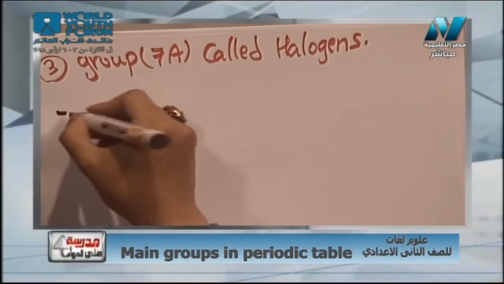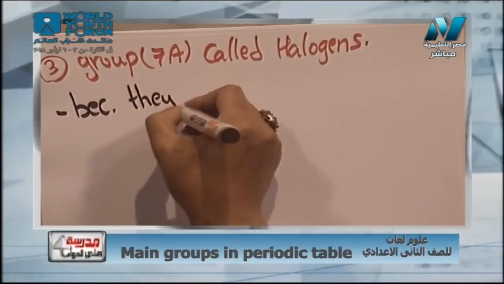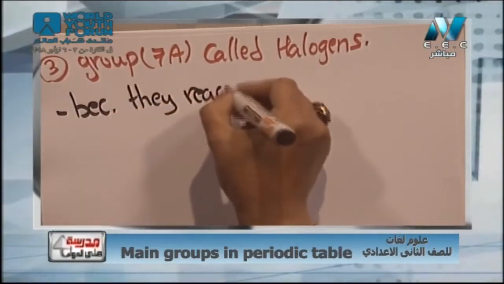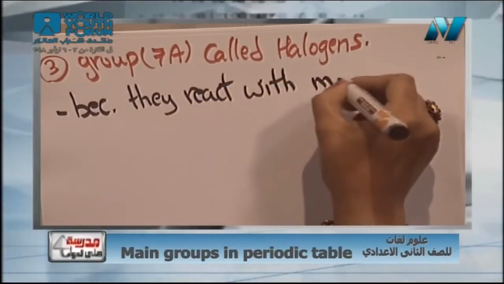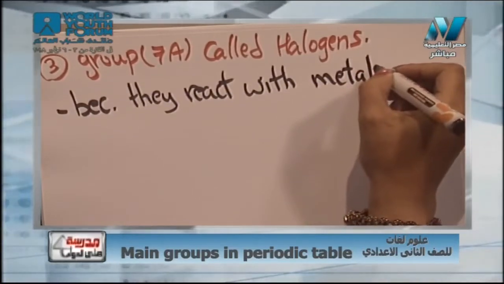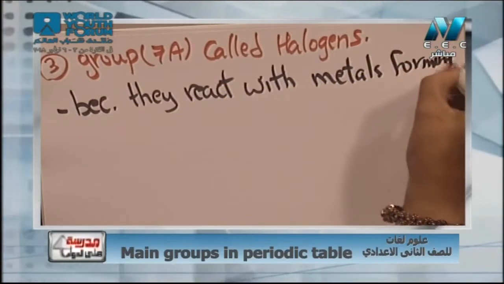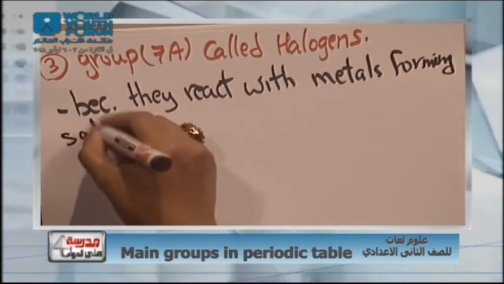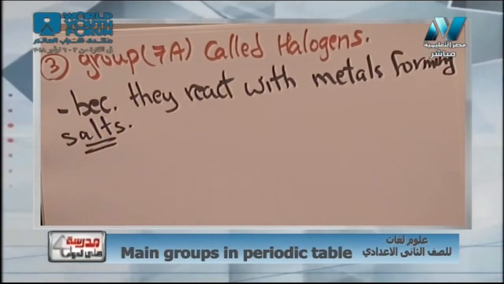Because they react with metals forming salts. And salts mean what? Means halogen type.